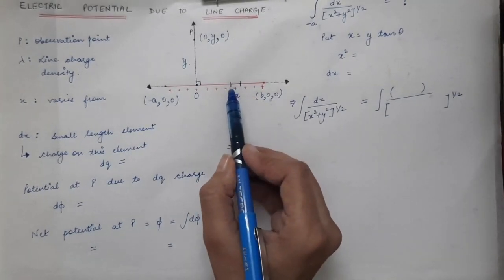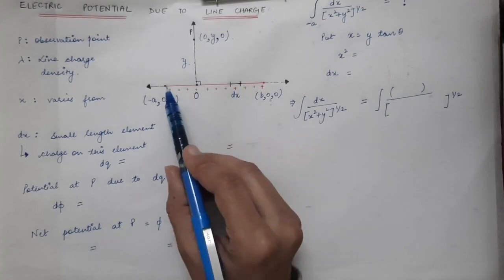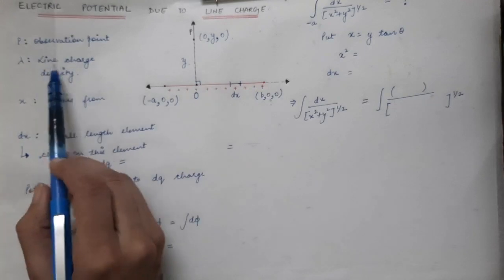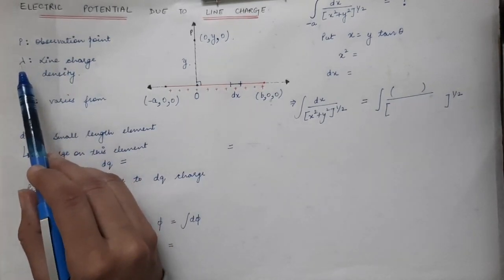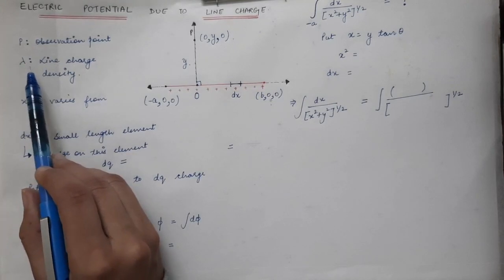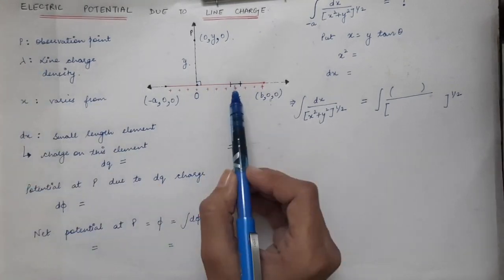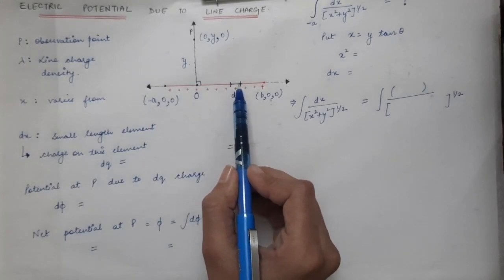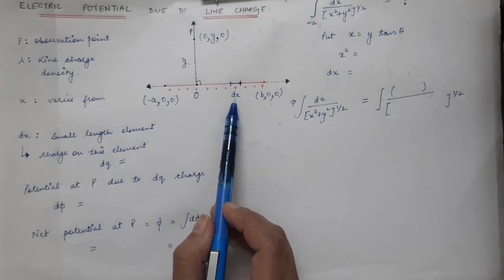This particular length will also carry some charge because this whole line charge has a line charge density lambda. Lambda is defined as the charge present in the unit length. So the charge which will be present in this dx amount of length will be equal to lambda into dx.